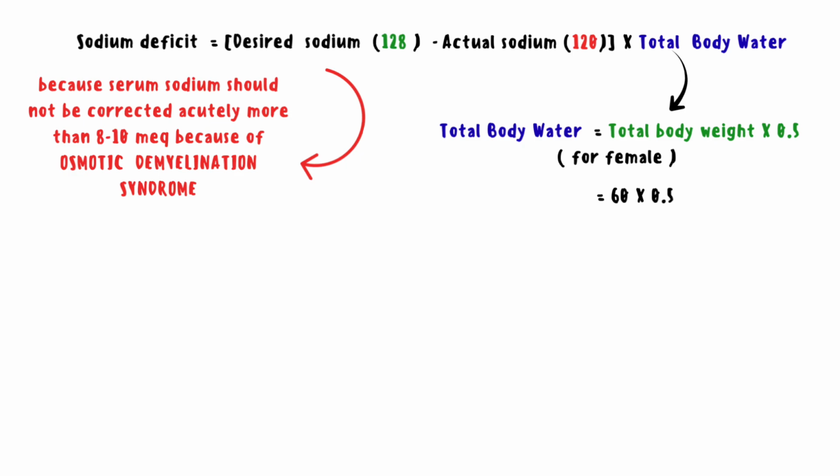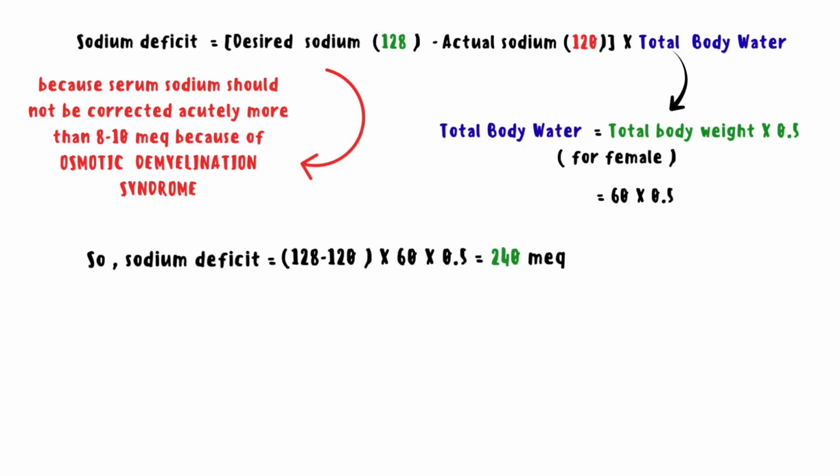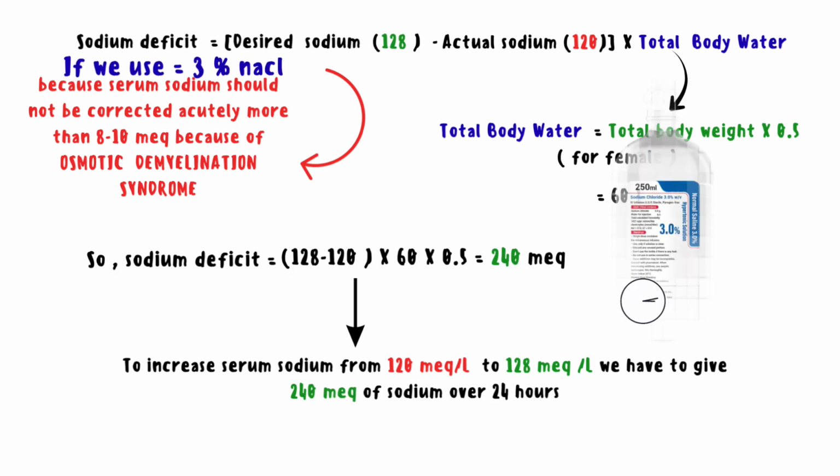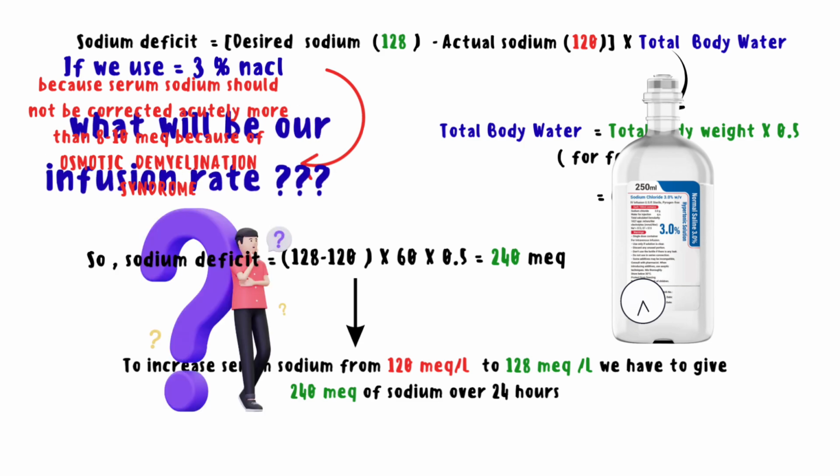So the total sodium deficit is 240 milliequivalents, meaning if we want to increase the serum sodium from 120 to 128 milliequivalents per liter, we have to give 240 milliequivalents of sodium to this patient over 24 hours to avoid other complications of acute correction of hyponatremia.